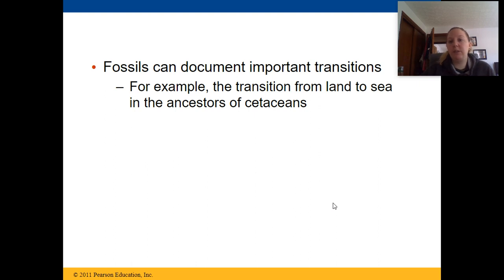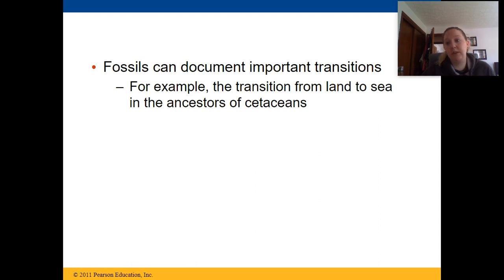Fossils can document important transitions. For example, the transition from land to sea mammals and land to sea animals as well in the ancestor of cetaceans. So it is originally thought that all mammals once were sea mammals, but they had to come from somewhere.